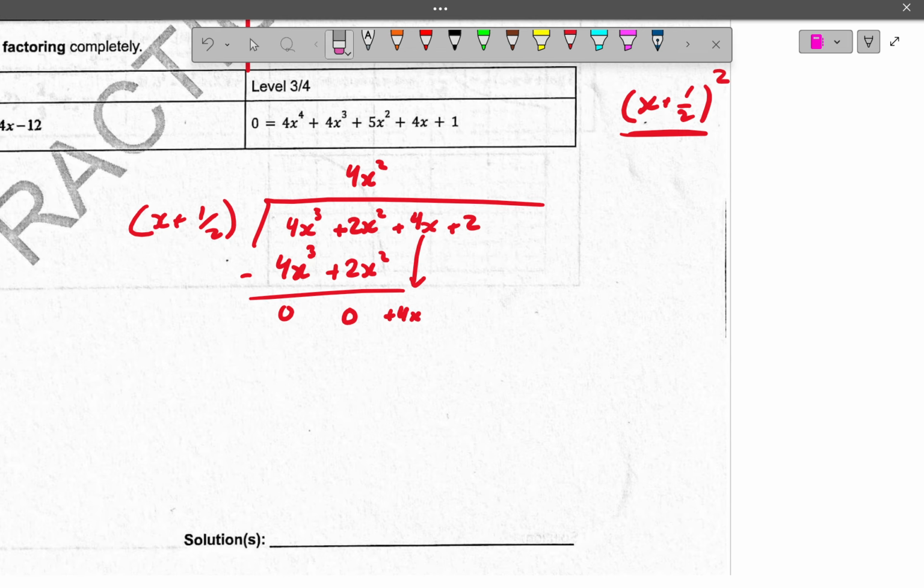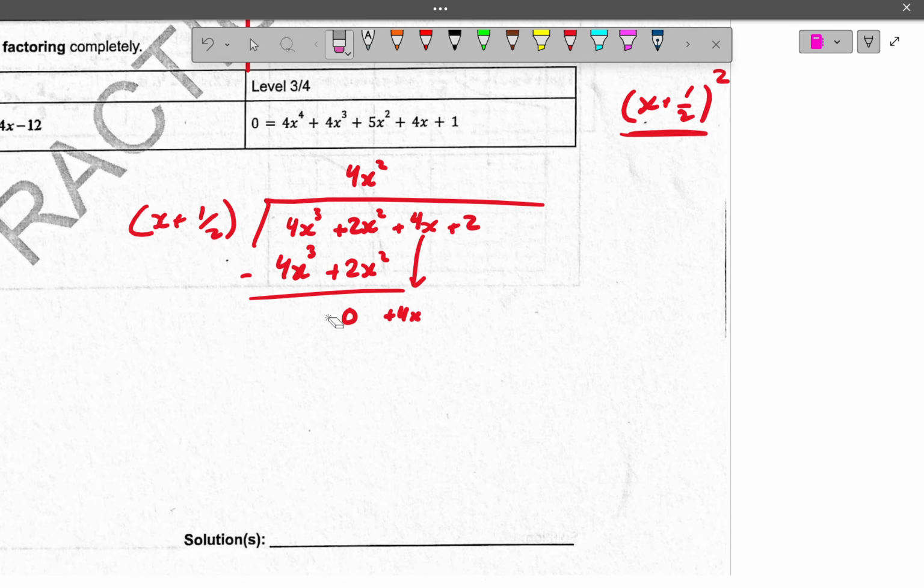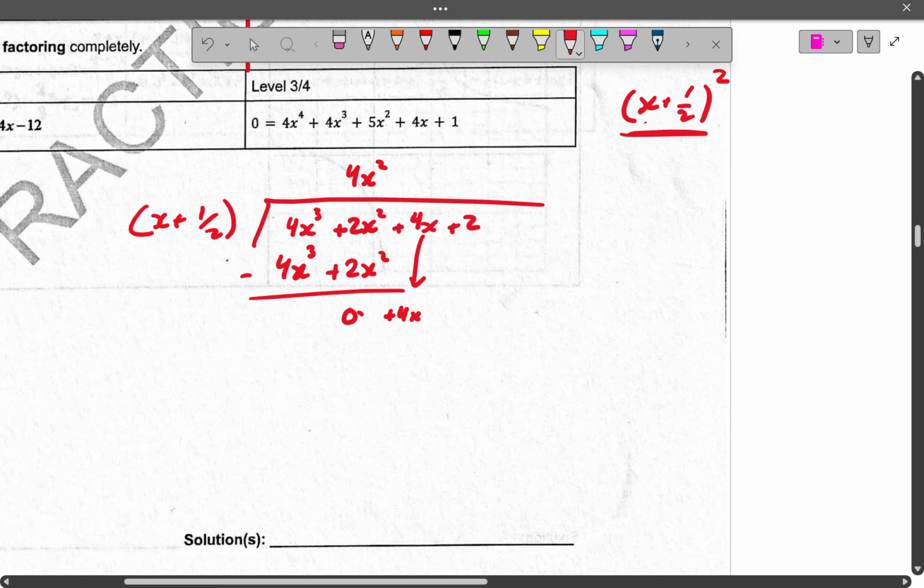And to get rid of 4x, I just need a 4. I think it would be better to just write this first.